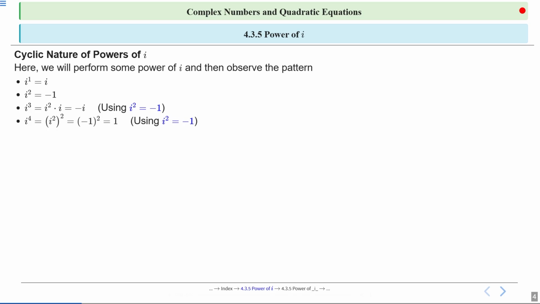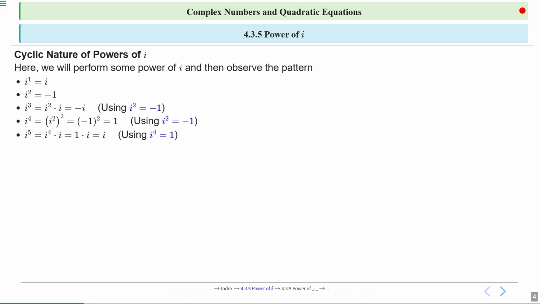Then we will calculate iota to the power 4. Iota to the power 4 can be rewritten as iota square whole square. Since iota square is -1, iota to the power 4 equals (-1) whole square. This is simply equal to 1. Next, let's see what happens with the fifth power of iota.